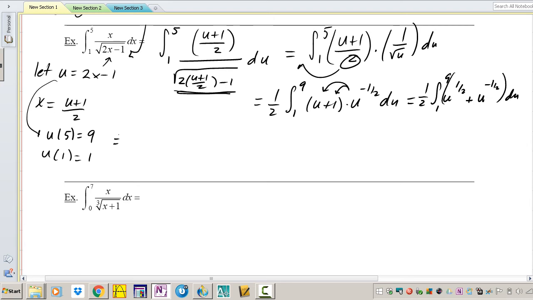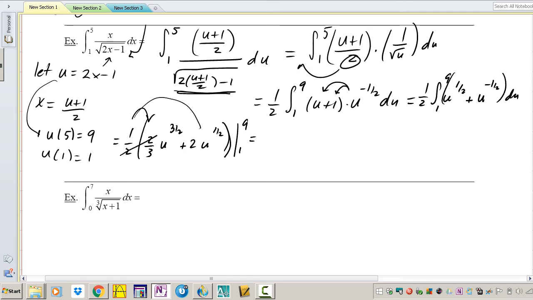Almost done. Now we can integrate. We haven't integrated yet, but now we can. A u to the half becomes a u to the 3/2 times 2/3, plus a u to the negative half becomes a u to the positive half times 2. Since we're integrating definitely, it's going to be from 1 to 9. So let's make some cancellations first. If I distribute this 1/2, that goes away.